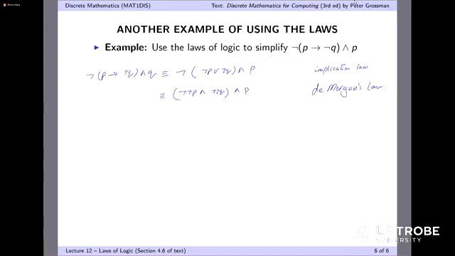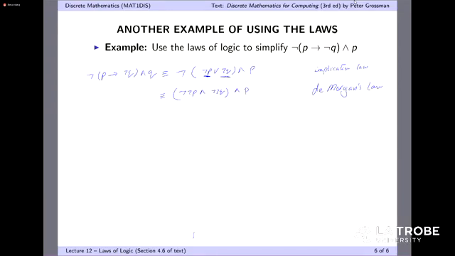Anyway, De Morgan's law says negation within the bracket, negation of P and Q is not P or not Q. But here our P is this. So the not would go inside, so it becomes not P, or converts into and, this one, and then not Q, and then the other expression as it is.